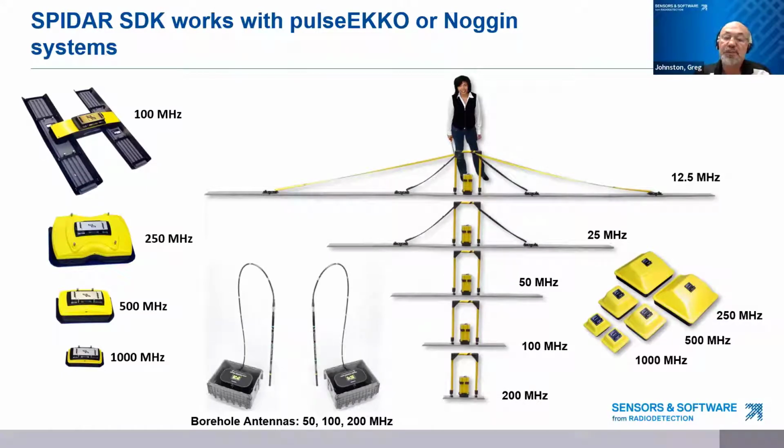Pulse echo systems also have borehole antennas of 50, 100, and 200 megahertz. Any of these systems and frequencies can be controlled by a NIC in SPIDAR SDK mode.